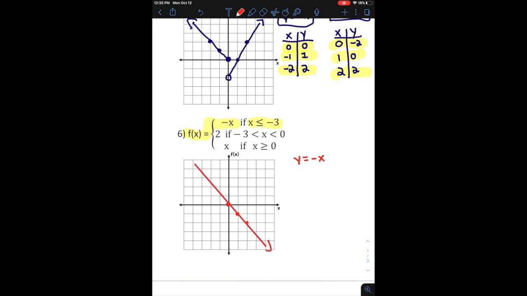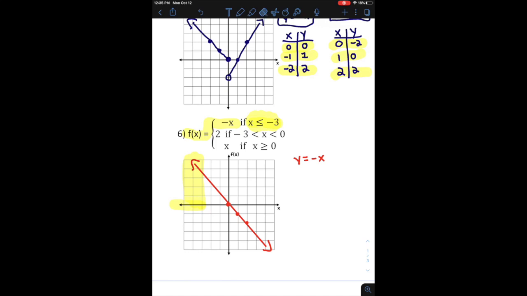So the line would look like this. However, they don't want this entire line to be graphed. What they want is the piece of this line for the x values less than or equal to -3. On the x-axis, where are the numbers less than or equal to -3, it would only be this part of the x-axis.